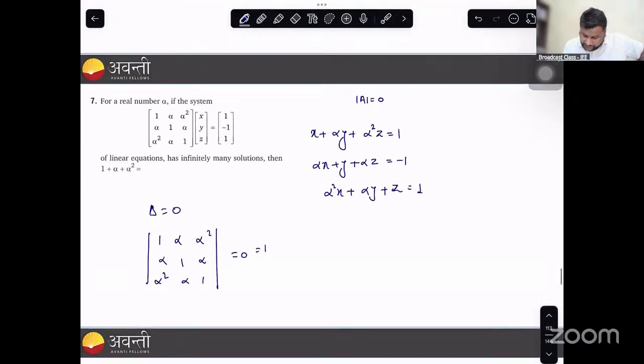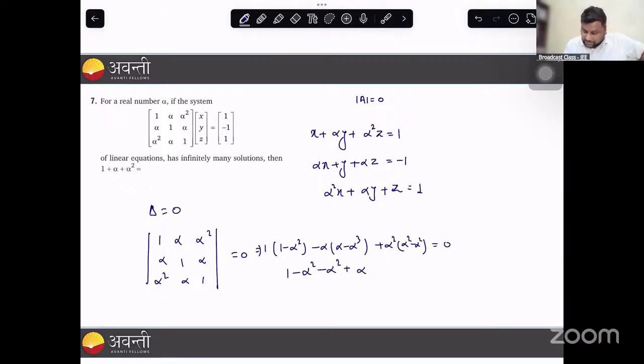So it is 1 times (1 minus alpha square), minus alpha times (alpha minus alpha cube), plus alpha square times (alpha square minus alpha square). This should be 0. So it is 1 minus alpha square plus alpha to the power 4, 0. So it is alpha to the power 4 minus 2 alpha square plus 1, 0.